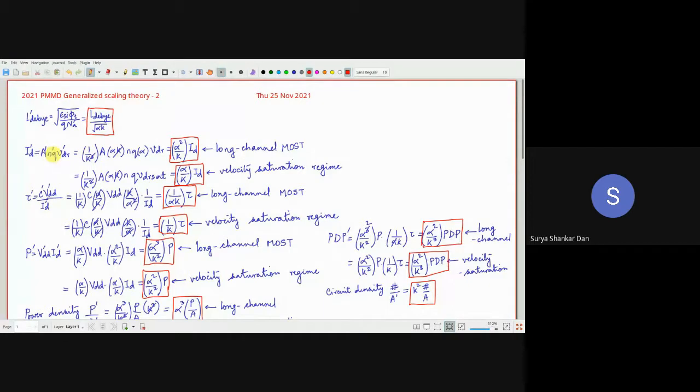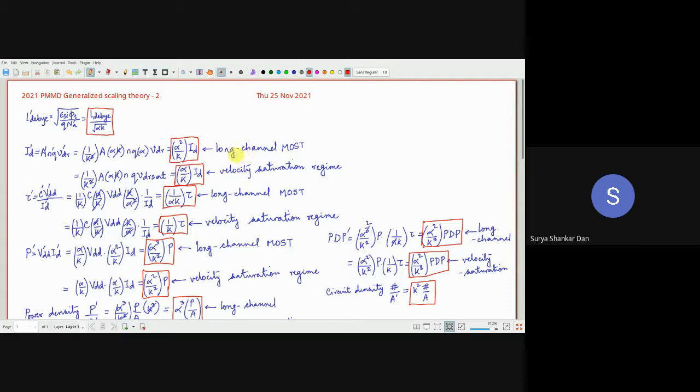N scales with alpha into k into n, Q, and V_D changes with alpha into V_D. So if you notice, the k and k cancel, and you will be getting one alpha square by k factor in front of the I_D.